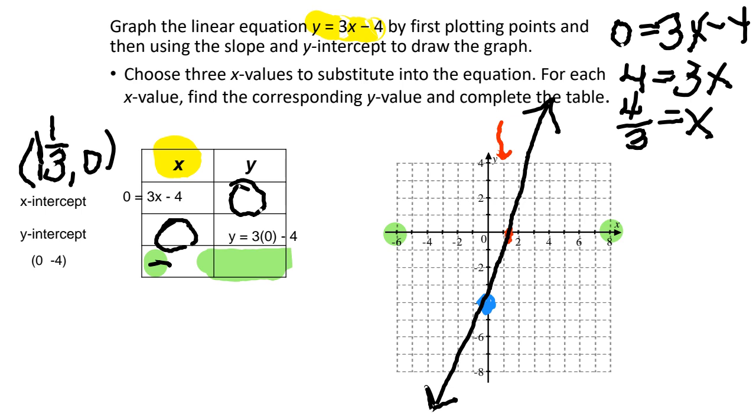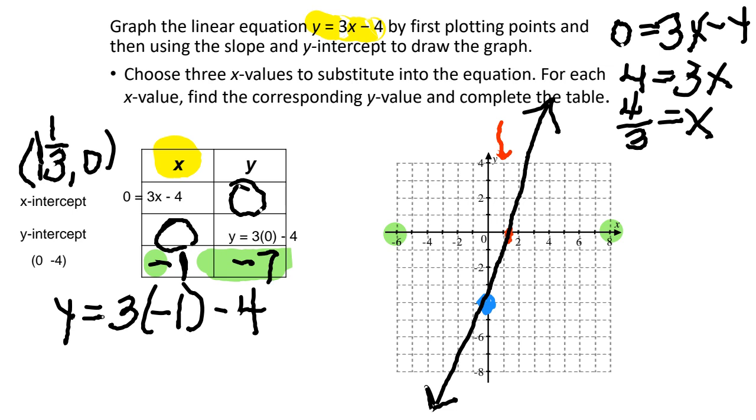Well, if I put y equals 3 times -1 minus 4, this is going to give me a -7, which means my line down here should be closer to right here. This is the way I can adjust and see, is my line correct?